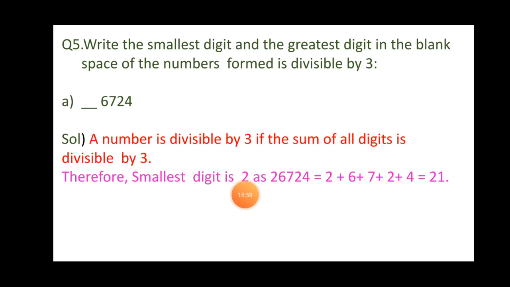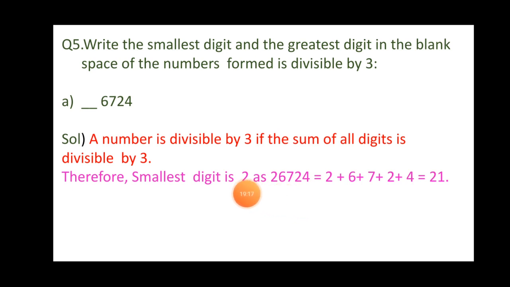If you put 1 in this blank space, you will find that when we placed 0 we got 19, when we place 1 we will get 20. In this case also you will find that 20 is not divisible by 3.